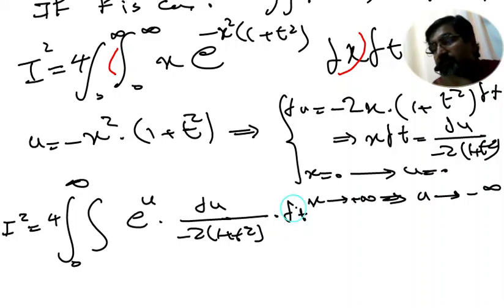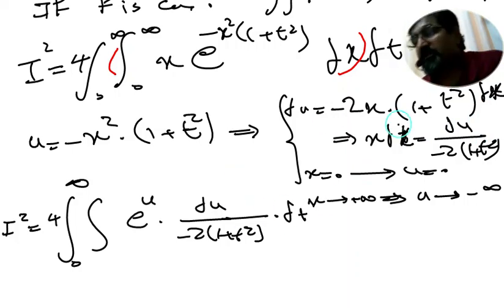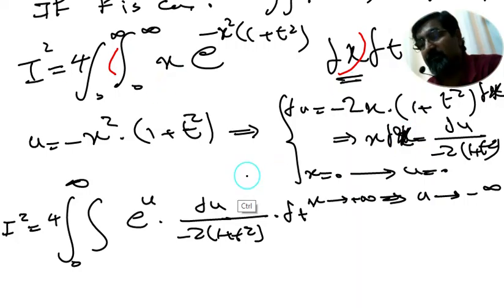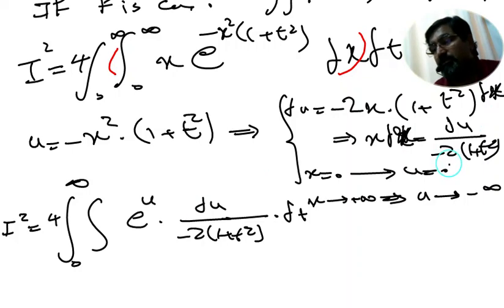Sorry, that is dx. This is a mistake in writing, sorry. So x dx is du over minus 2 times 1 plus t squared.